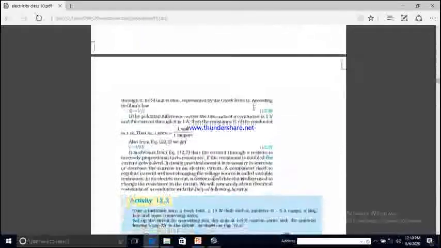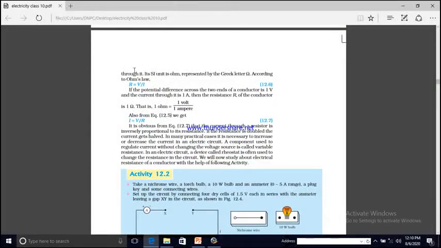What is the SI unit of resistance? The SI unit of resistance is ohm.